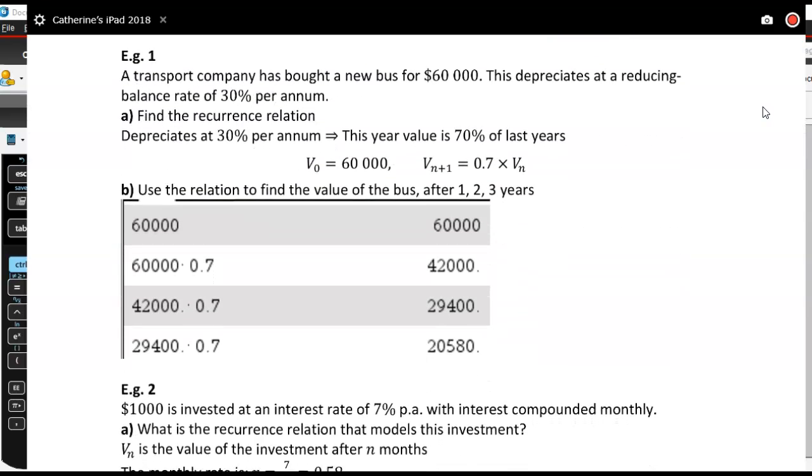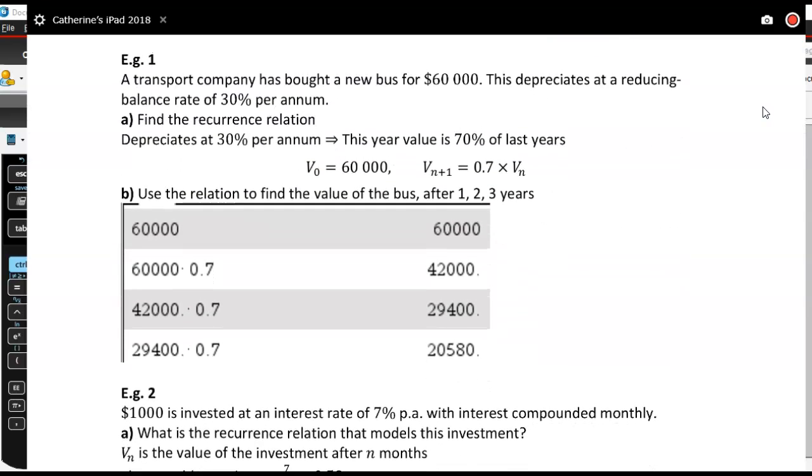Let's go through a couple of these examples. A transport company has bought a new bus for $60,000. This depreciates at a reducing balance rate of 30% per annum. So find the recurrence relation. Let's write it out. So it depreciates at 30% per annum.